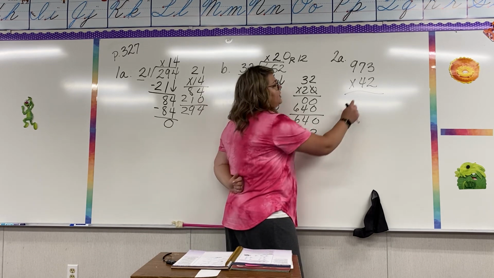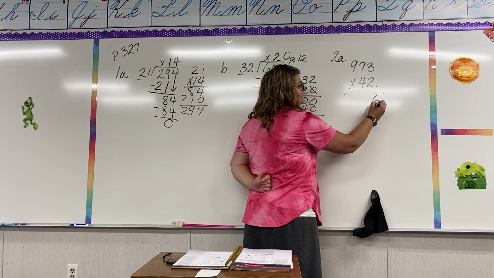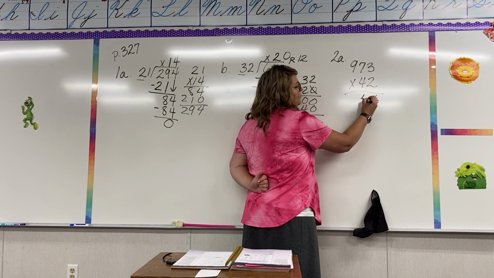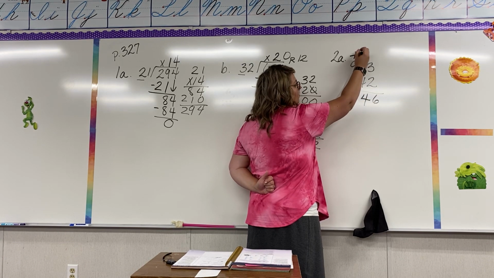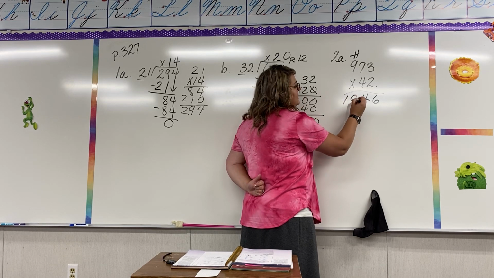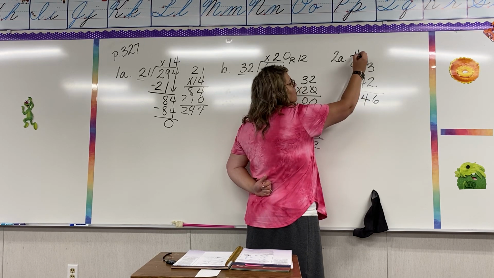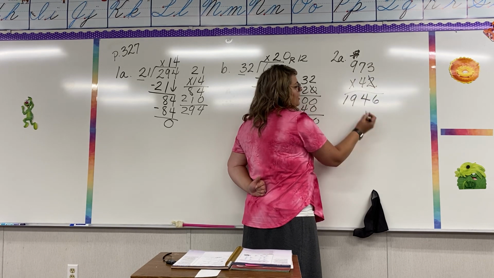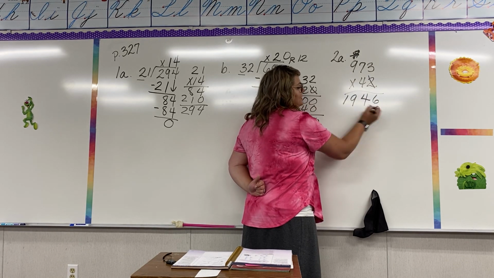So here we go. 2 times 3 is 6. 2 times 7 is 14. Put down my 4, carry my 1. 2 times 9 is 18, plus 1 is 19. Now remember, cross out where we carried, mark out our 2, put down our 0.